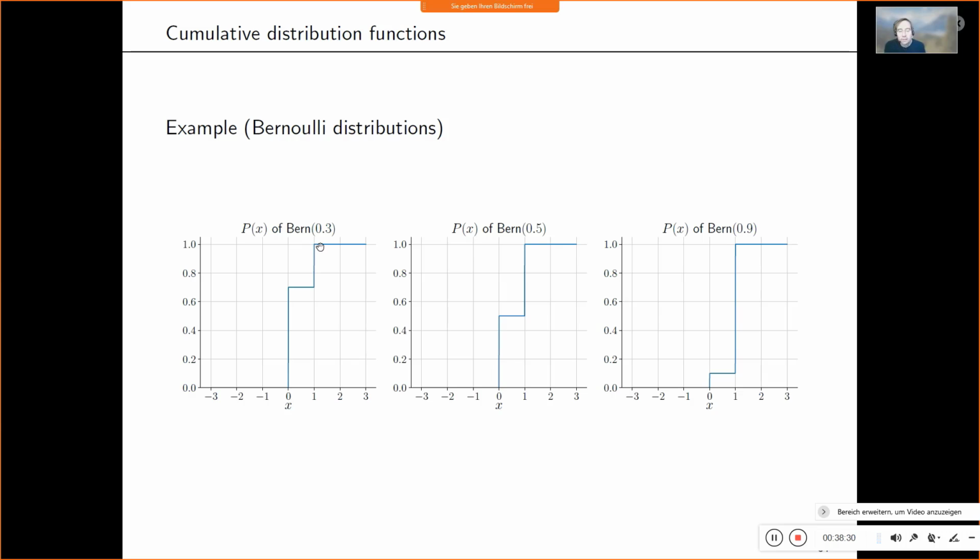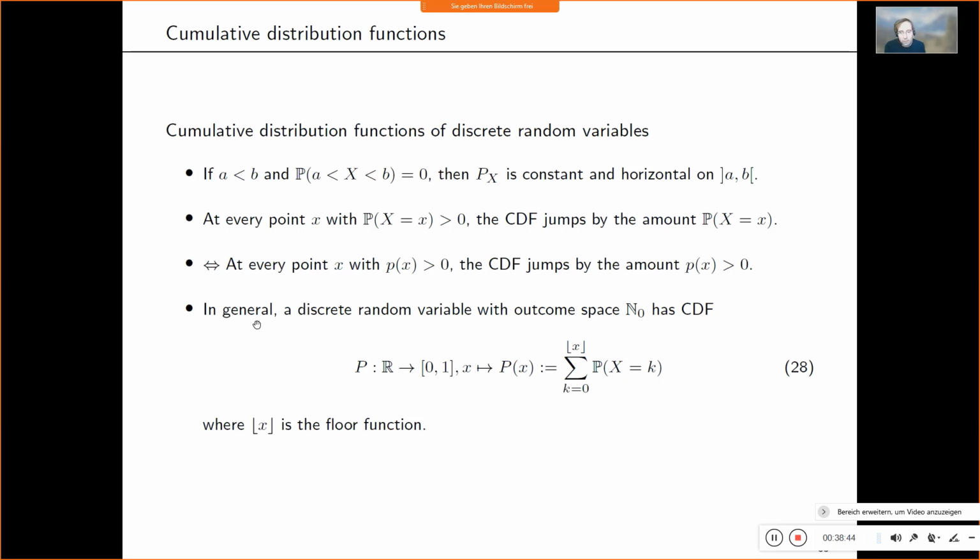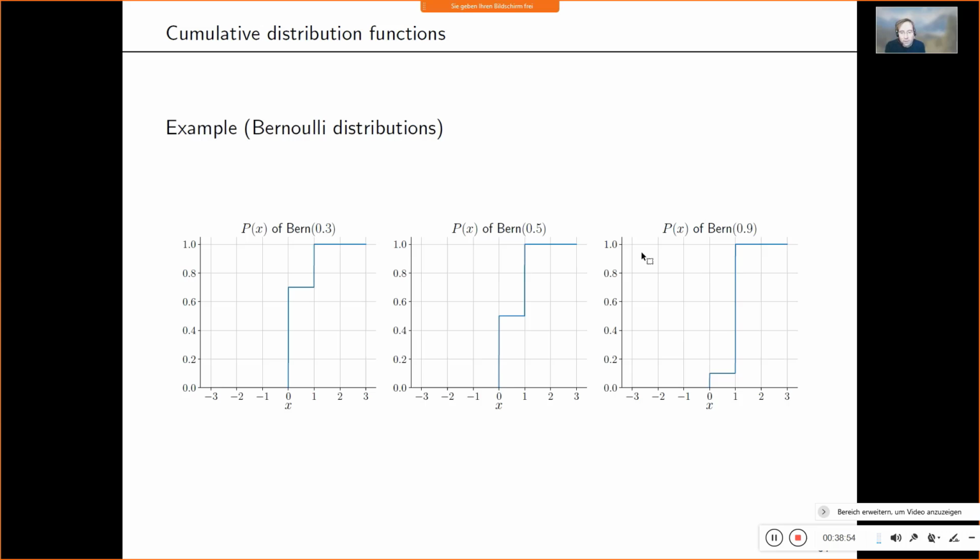So we can assign a CDF value to each real value, even if our random variable is discrete. And in terms of the discontinuities and jumps that occur here, at every point where the probability for x taking on the value x is larger than 0, the CDF jumps. This is what we see here.